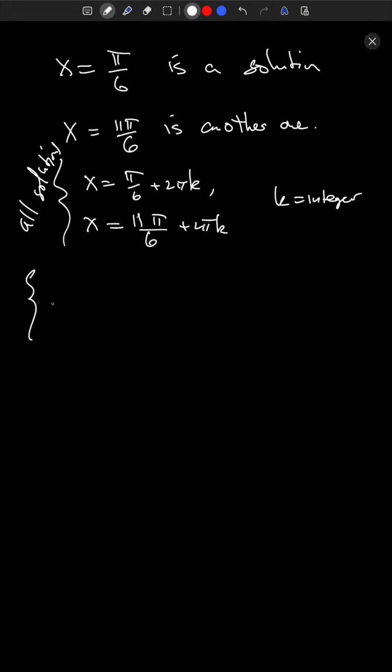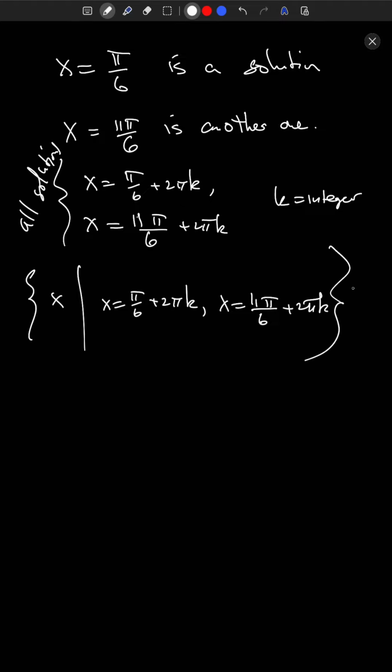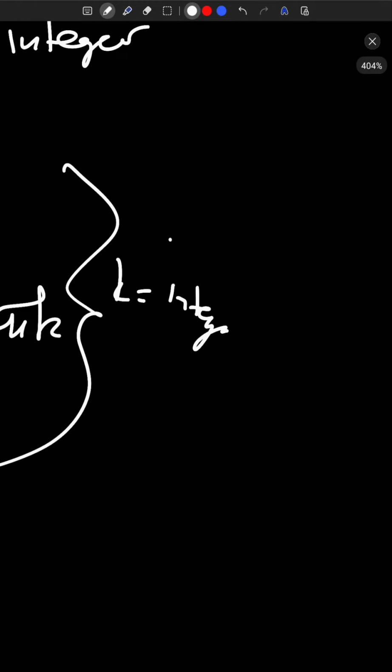And so again, in our notation, x such that x equals pi over 6 plus 2 pi k, x equals 11 pi over 6 plus 2 pi k, k equals any integer.